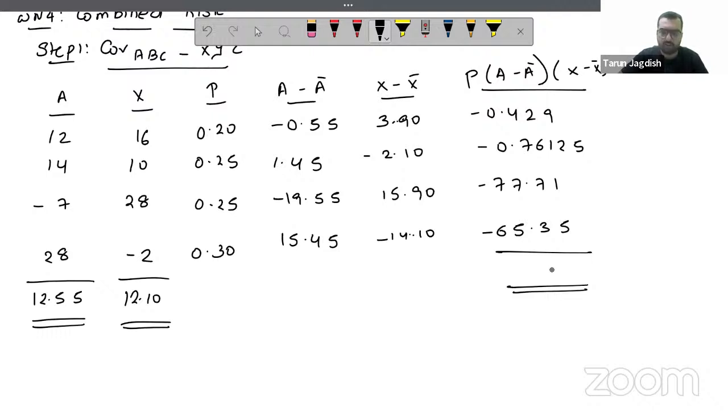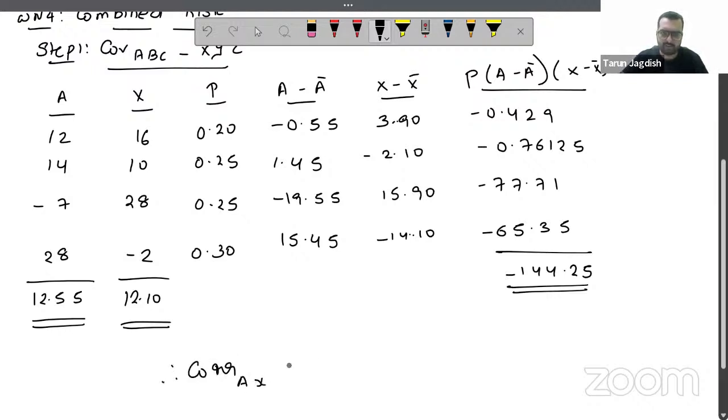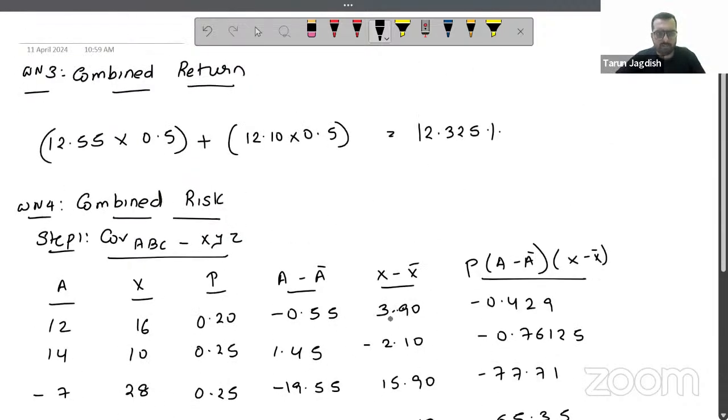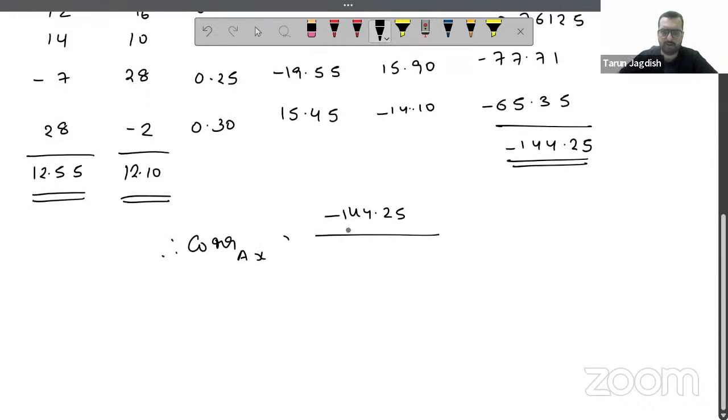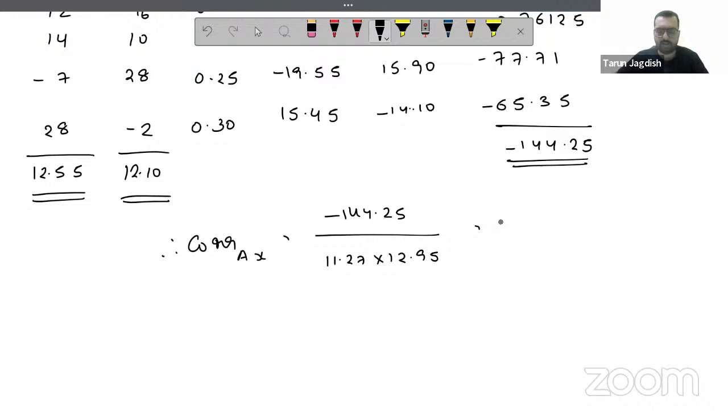Friends, if I'm going arithmetically wrong somewhere, please help me out, okay? I think we'll get the number as minus 144.25. Therefore, your correlation of AX will be minus 144.25 divided by standard deviation X, standard deviation Y. That is 11.27, 12.95. You get the answer as minus 0.988, or approximately your correlation is actually minus 1.